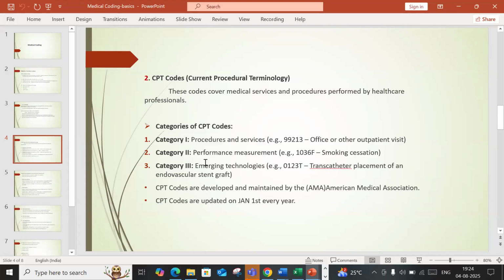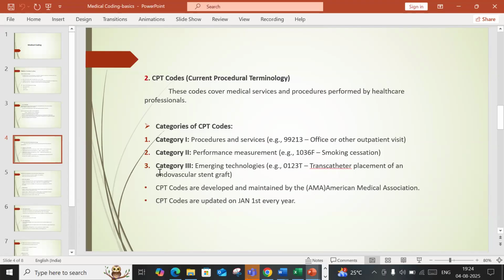That was the reason for the encounter to the hospital. The doctor asks him to take a chest X-ray, or whatever advice patients are getting from the doctors. For that kind of services, we have to report CPT Category 2, which comes under performance measurement. The CPT Category 2 code ends with the letter F.